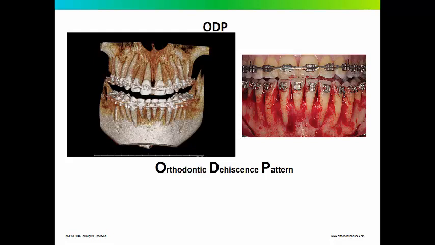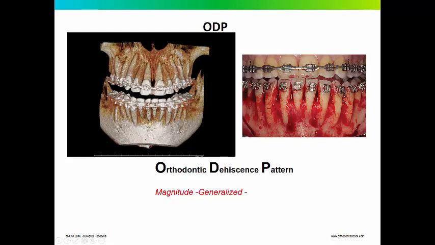The anatomy of the alveolar process varies, and as orthodontists, we need to be mindful of what that anatomy looks like. When we talk about orthodontic dehiscence pattern, it's the magnitude and the generalization of the dehiscence pattern that's associated with orthodontic treatment, or normally in the case of overexpanded dental arches.